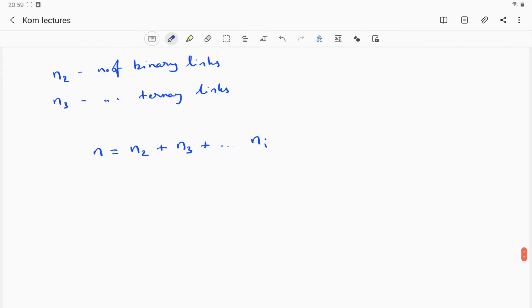Now let's say we have a binary link. A binary link will have 2 hinges, so let's say 2n2. And what about the ternary link? The ternary link will have 3 hinges, so 3n3, and like that up to i ni. But if you see, the hinge will be connecting 2 links, right?